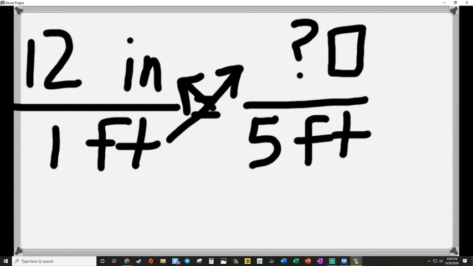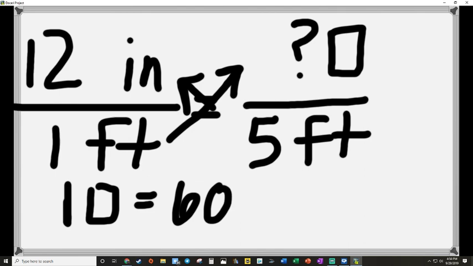So we have 1 times the square equals 12 times 5, which is 60. So in 5 feet, there are 60 inches. That's how you figure out the missing variable in a proportion.